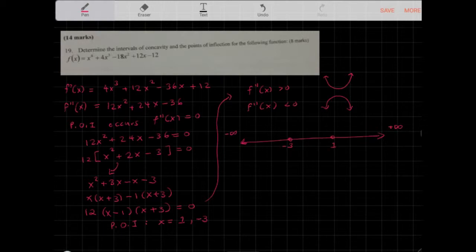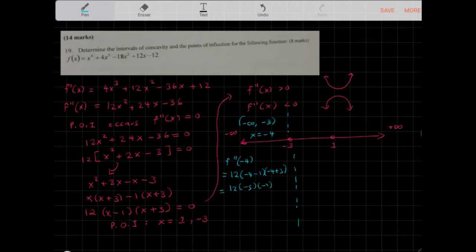Okay, and let's test out these intervals. I'm going to test the interval from negative infinity to negative 3. I'm going to pick a value from this interval. Let's say x is equal to negative 4. I'm going to plug this into my second derivative function, using the factored form. f double prime of negative 4 is 12 times (negative 4 minus 1) times (negative 4 plus 3), so you get 12 times negative 5 times negative 1.